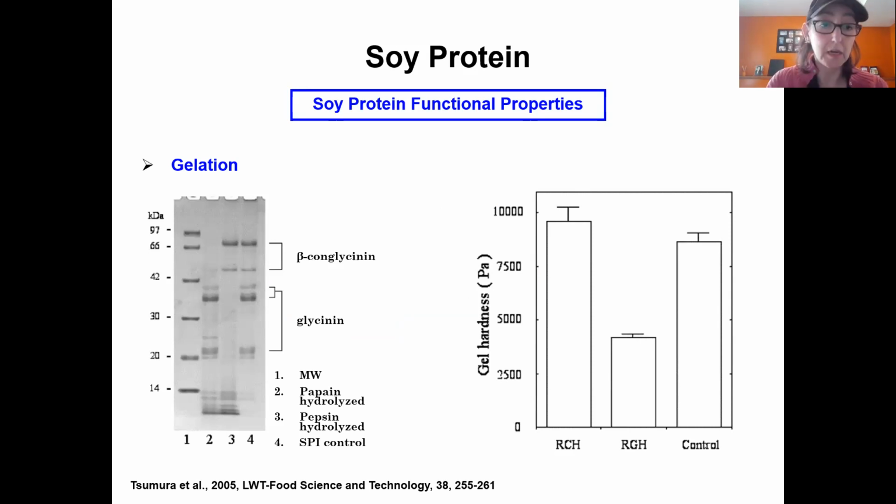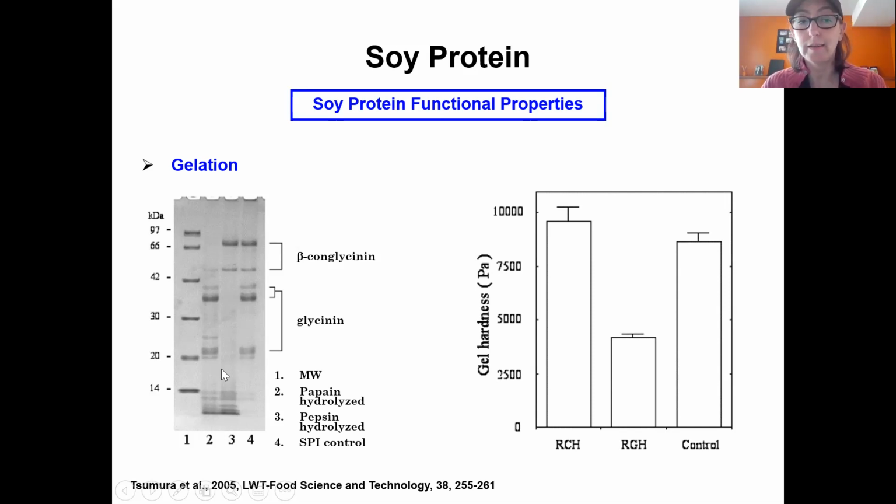What you see here is, in lane 4, the soy protein isolate, where you have the beta-conglycinin and glycinin. And then in lane 3, this is the isolate, but it has been hydrolyzed by pepsin.